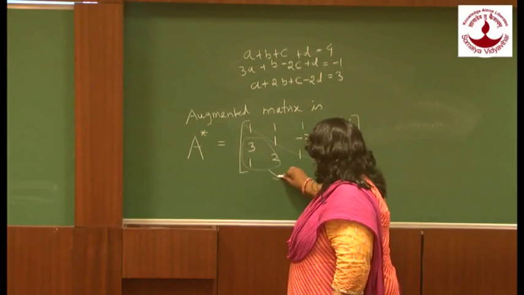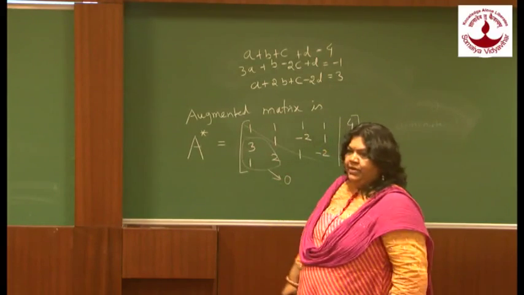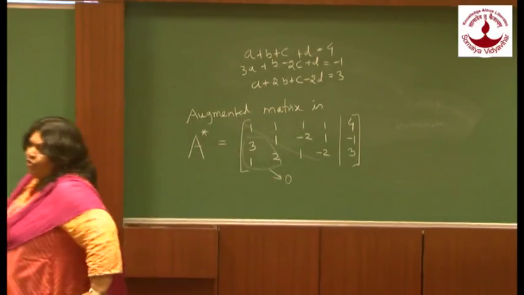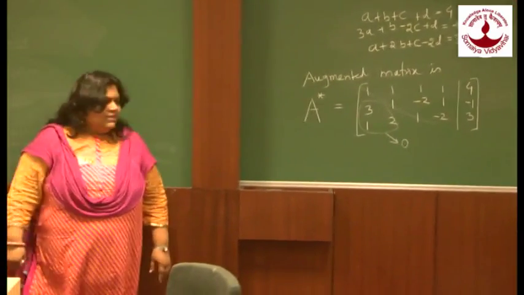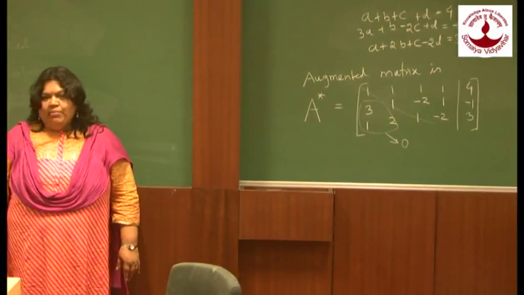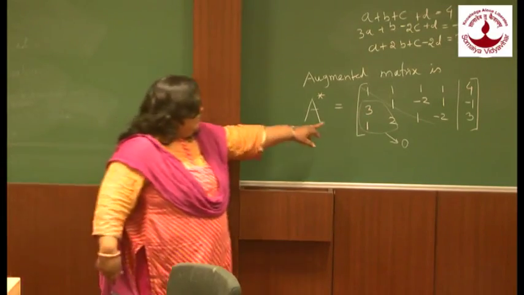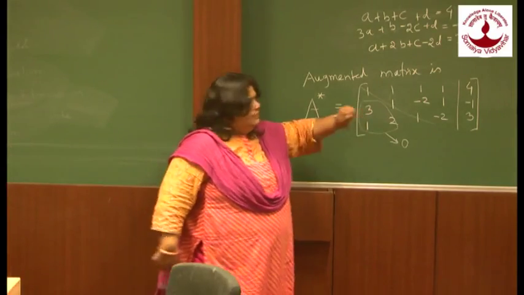So we are aiming to make these 0. I suggest the first operation to be performed is second row minus 3 times first row, so that this entry will become 0. Okay?